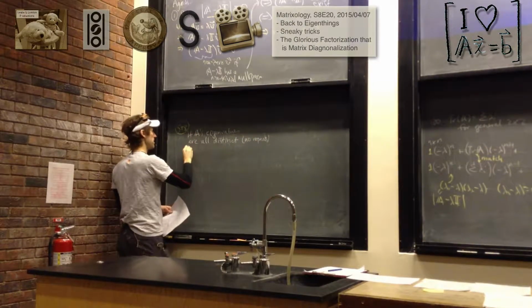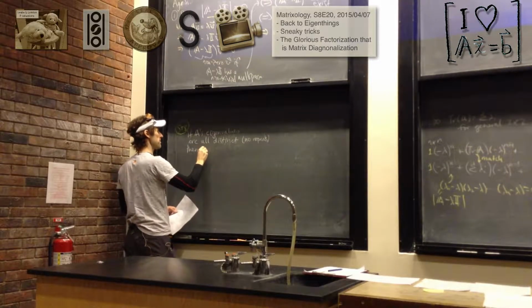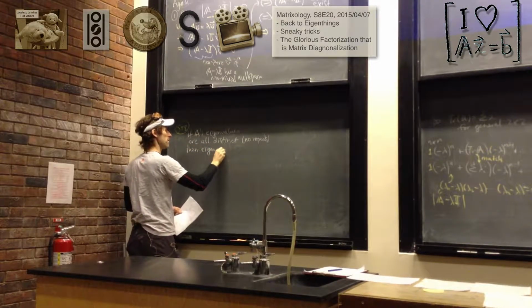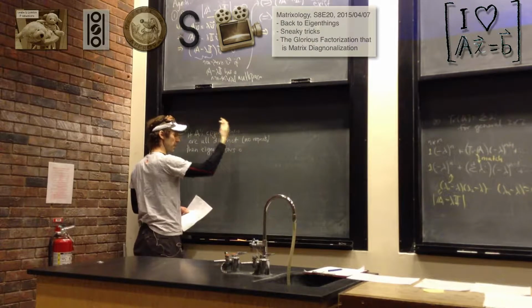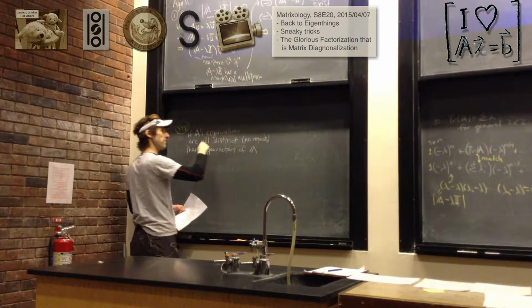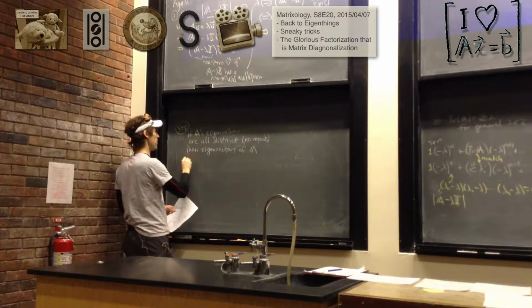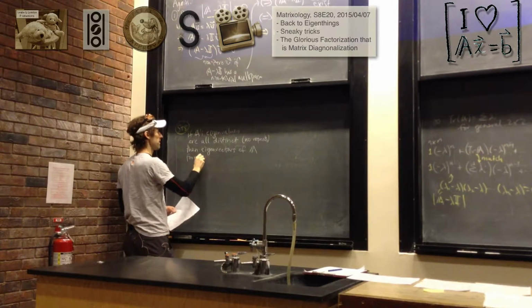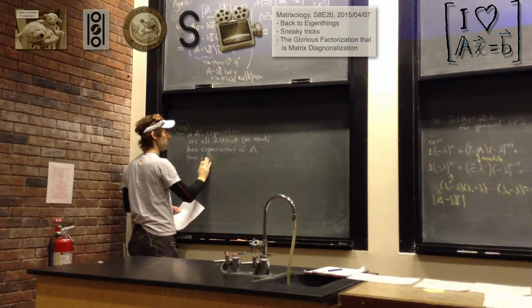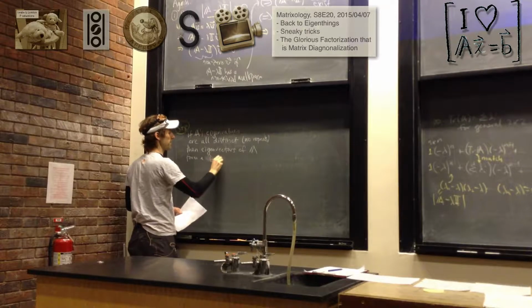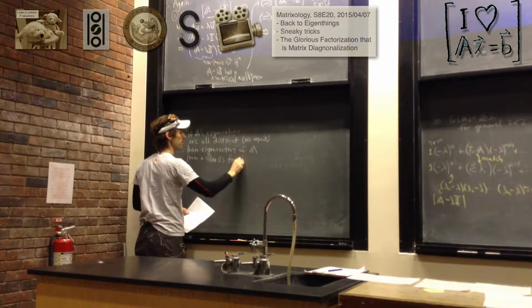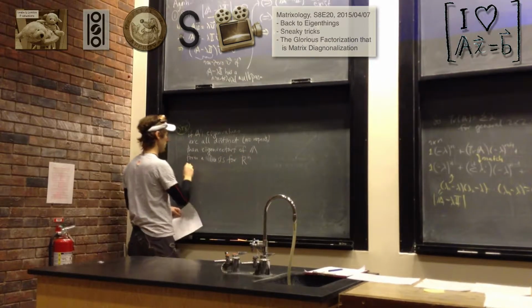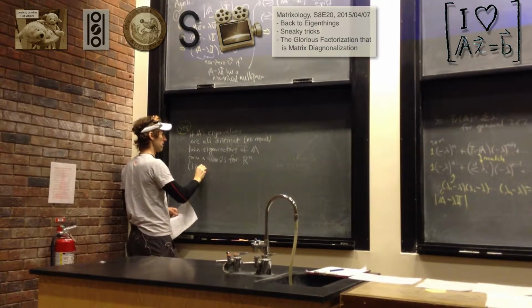Then the eigenvectors of A, each eigenvalue will have an eigenvector, form a basis for R^n. They're linearly independent.